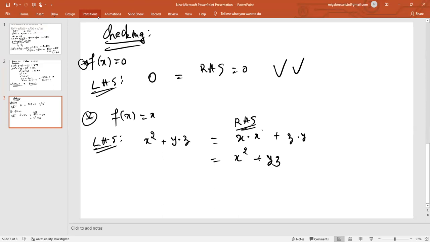So in particular, we see that these two sides are equal. So the left-hand side equals the right-hand side, and this function also satisfies our given condition.